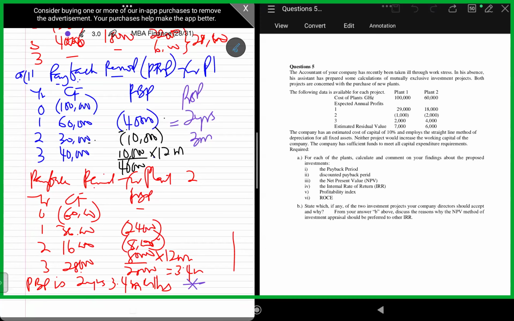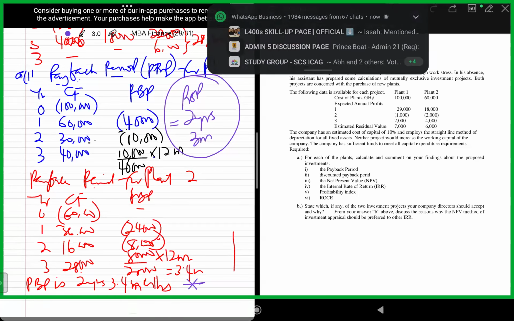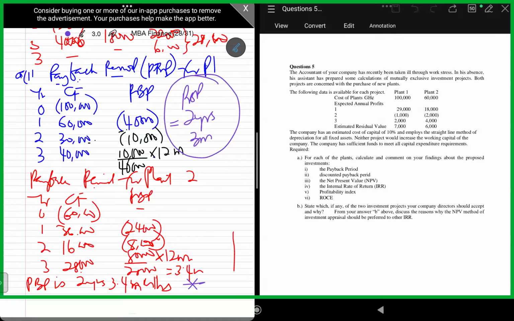So assuming the question were, based on the payback period, which project should be undertaken, we would say the business should purchase plant one because it has a lower payback period of 2 years, 3 months.